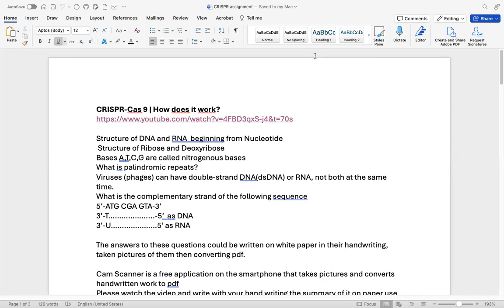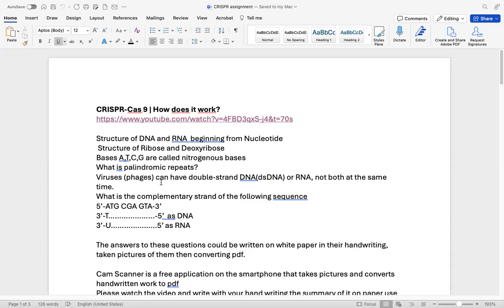So next, this is just fundamental first. You need to refresh. Of course, the ATCG, you still remember the bases, the nucleotides. What we will discuss, probably a new term, is palindromic repeats. And we will talk about virus and bacteria.